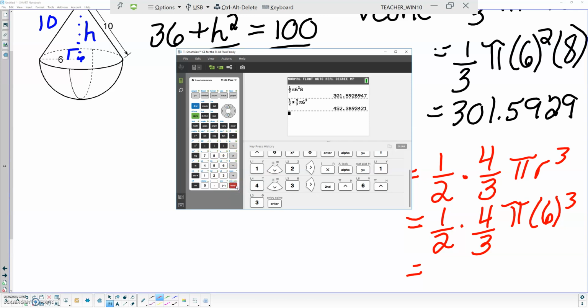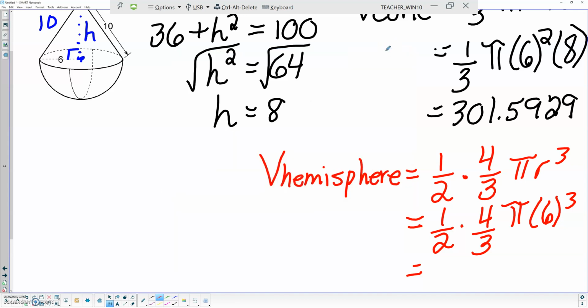The volume of the hemisphere is approximately 452.3893. Again, don't clear that answer from your calculator.